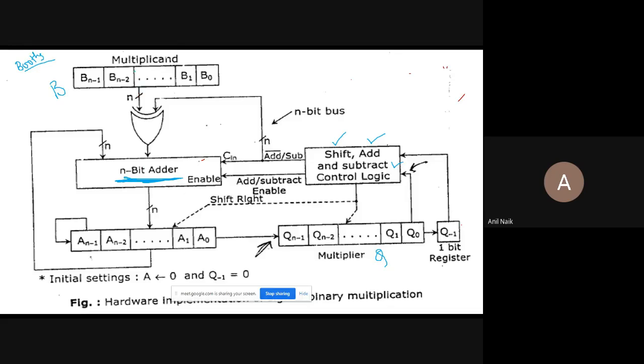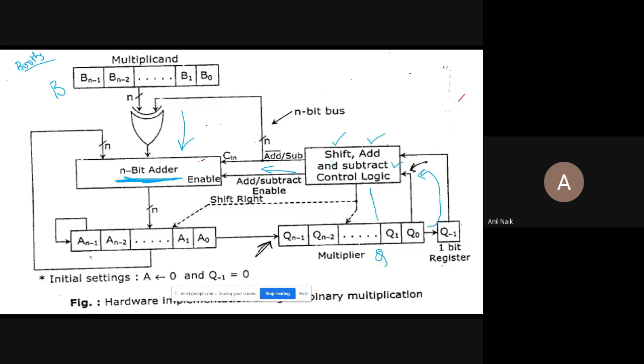The addition of the values from the B register and the values from the multiplier happens here. Actually the bits will go from this side. For that we use the shift method, right shift, and add and subtract logic.